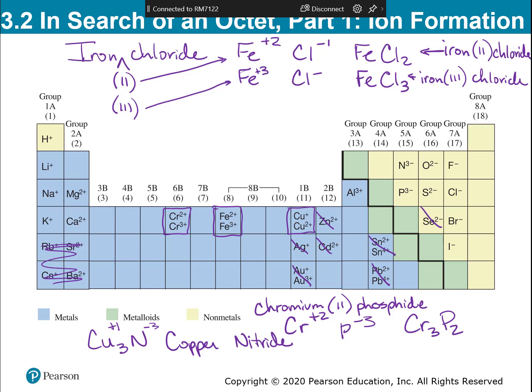So the number of each atom tells you the charge on their opposite atoms. Nitrogen's in group 5, 8 minus 5 tells you the nitrogen's a -3. But see how those match? So the nitrogen's a 3, so that tells me the copper has to be a +1. So it's like a reverse swap to figure that out. So this would be a copper 1 nitride.